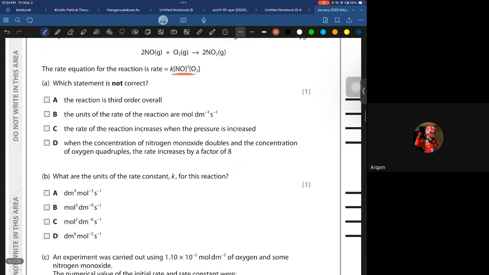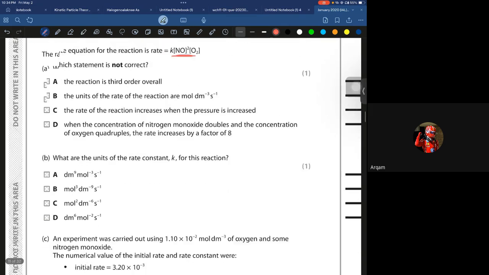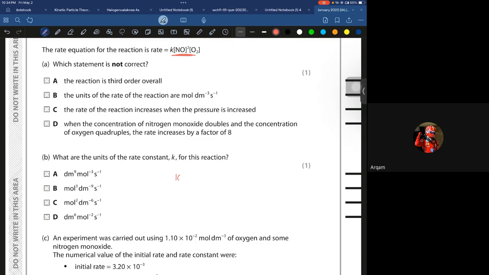What are the units of the rate constant for the reaction? The units for the rate constant would be k equal to rate over concentration to the power 3. So mole per decimeter cube per second divided by, applying power 3, mole cube decimeter minus 9.